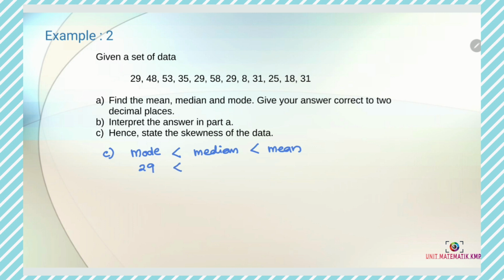Okay, we get here 29 for the mode, and median we get 30, and the mean we get 32.83. Therefore, the data is positively skewed.